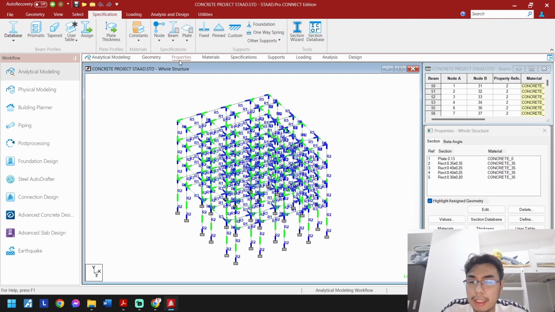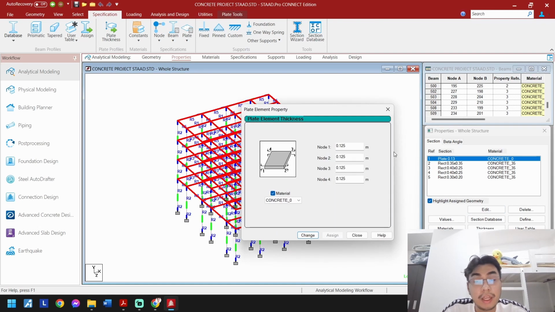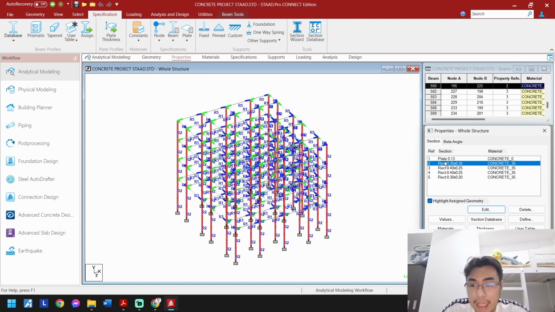Now for the properties, the plates or the slabs here are 0.125 meters or 125 millimeters in thickness. Then the columns are 350 by 350 millimeters.